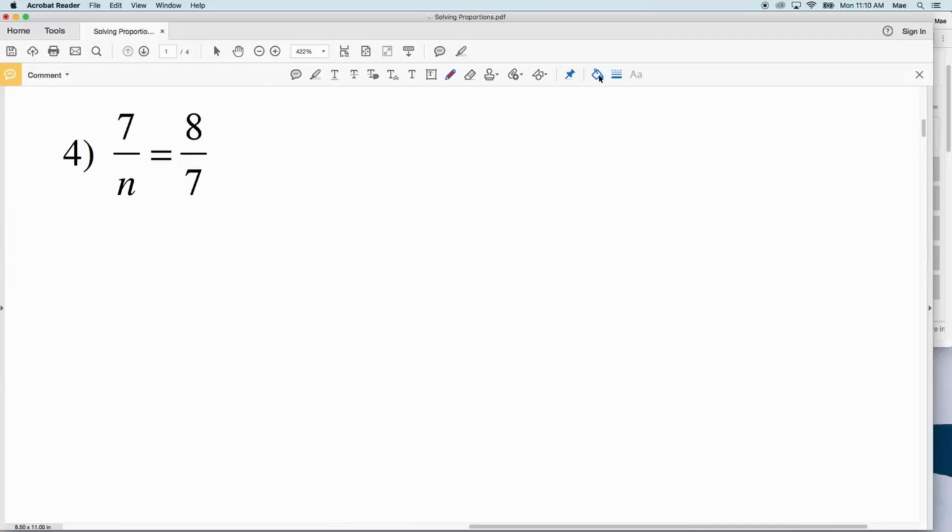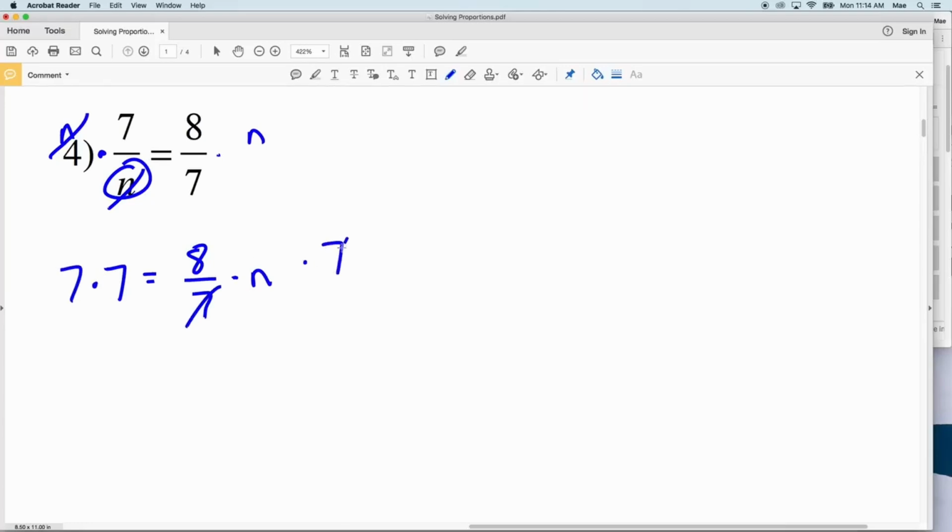In number 4, we're going to have to isolate this n. However, the n is on the denominator, so we're going to have to multiply both sides by n. So the n will cancel out to have 7 equal to 8 over 7 times n. So now we need to get this 7 out of the denominator, so we're going to multiply both sides by 7.